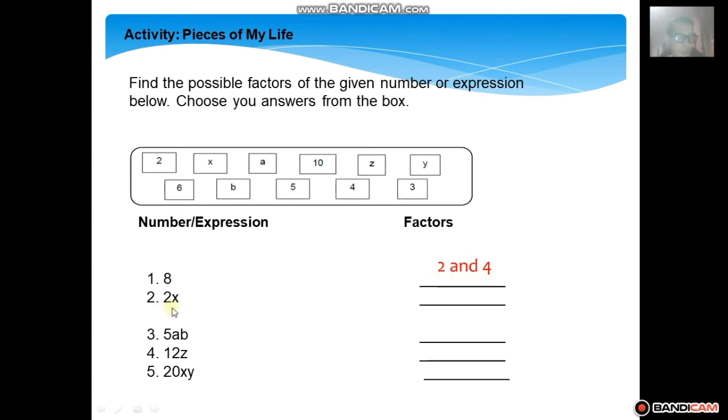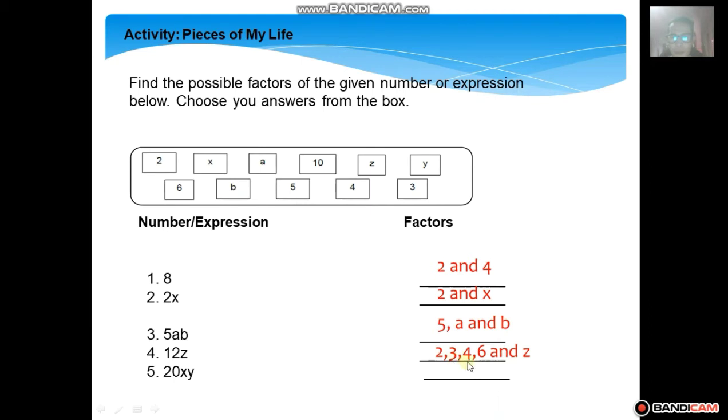Number 2, 2x. What are the possible factors of 2x? Okay, 2 and x. Then, number 3, possible factors of 5ab. So we have 5a and b. Number 4, possible factors of 12c. So these are the possible factors.